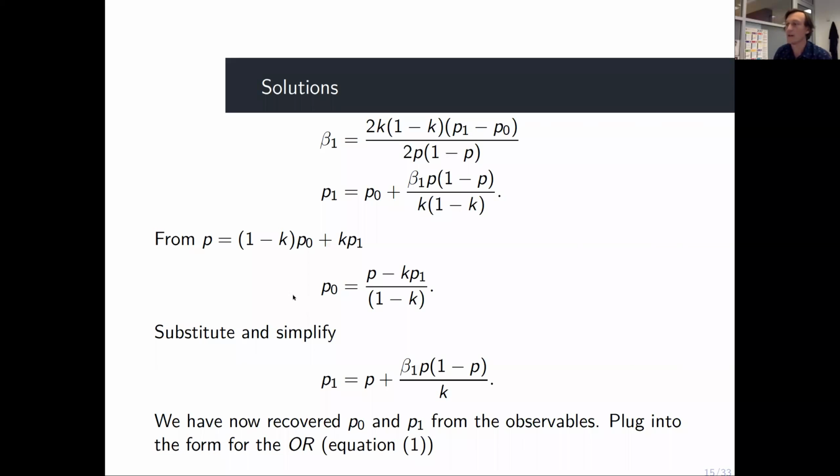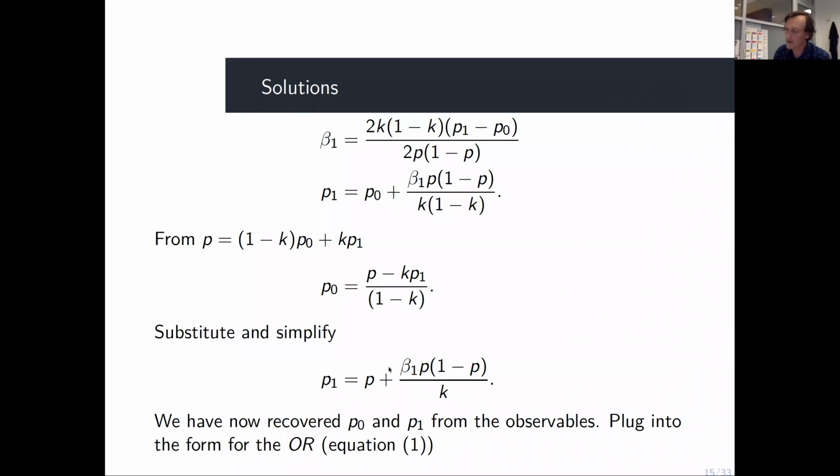So here's how we solve it, and it seems trivial once you do it. We just plug in the form for the covariance and the form for the variance in this expression, and we rearrange for P1, and we know the form for P. Then I plug P0 into this equation and rearrange for P1.